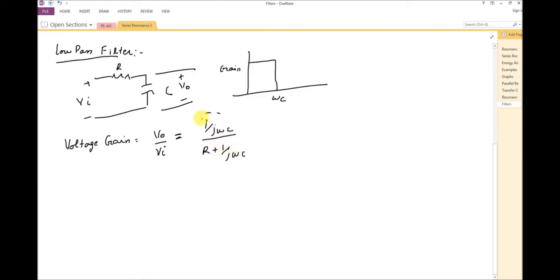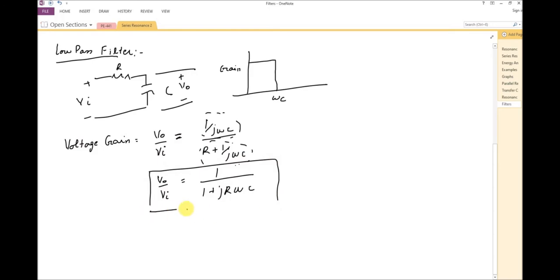This is your capacitive reactance and this is the whole impedance of the network. If I simplify that, the voltage gain V0 over Vi is equal to 1 over (1 plus j R omega C). So this is your gain equation.